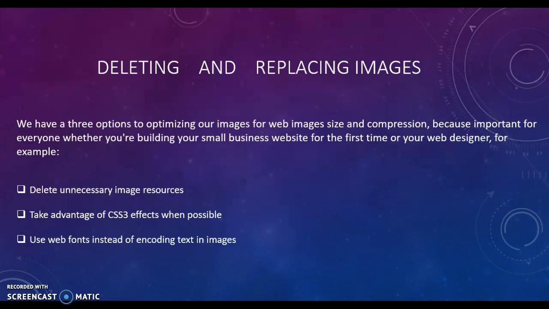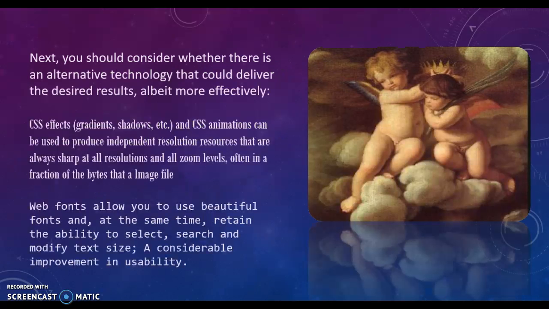For example, delete unnecessary image resources, take advantage of CSS3 effects whenever possible, and use web fonts instead of encoding text in images. That's one. Here I use three different fonts. Web fonts allow you to use beautiful fonts and at the same time retain the ability to select, search, and modify the type size, a considerable improvement in usability.